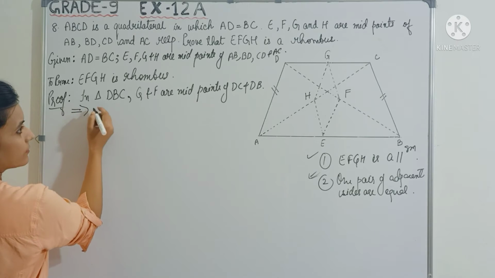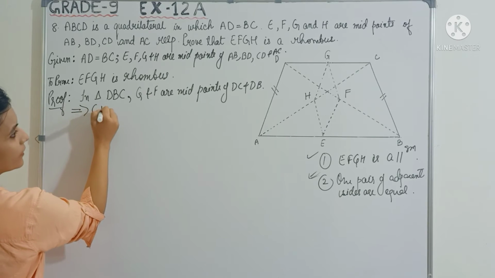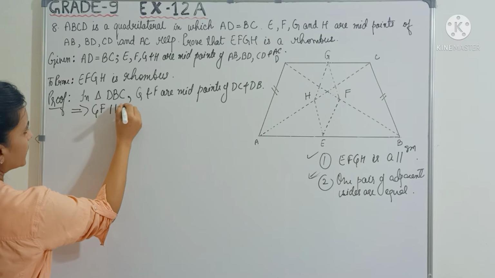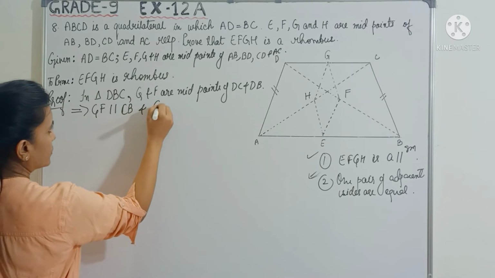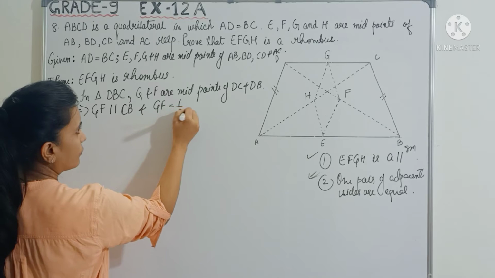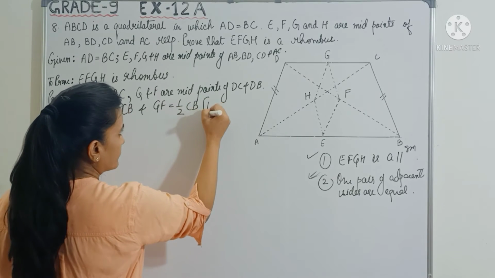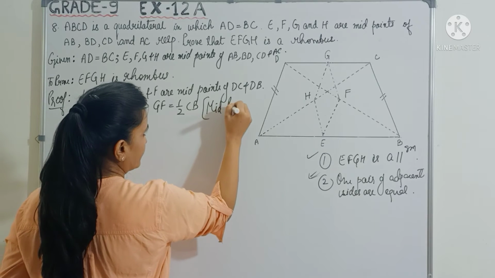This implies GF is parallel to CB and GF is equal to half of CB, right? This is from the midpoint theorem.